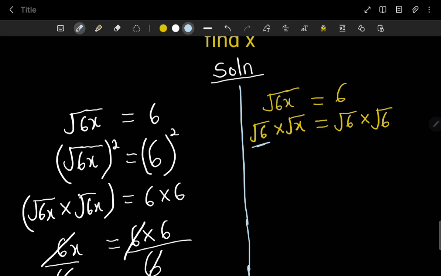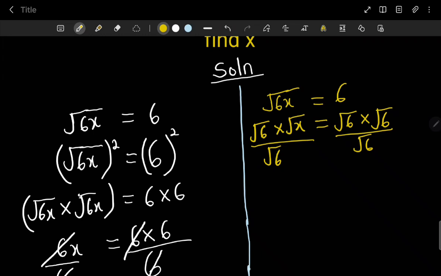Okay, now we can see that we have 6 here and square root of 6 here, and we have square root of 6 here and that's square root of 6 here. Okay, so since we are looking for the value of x, what we are going to do is that we will divide both sides by square root of 6, right?